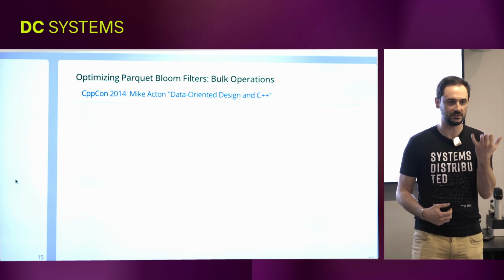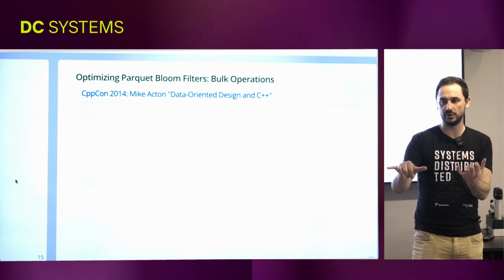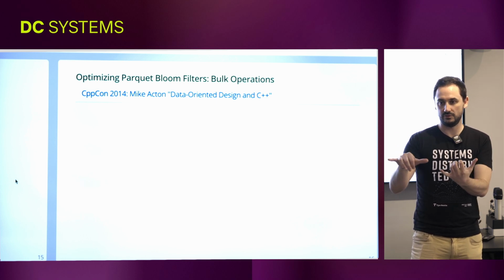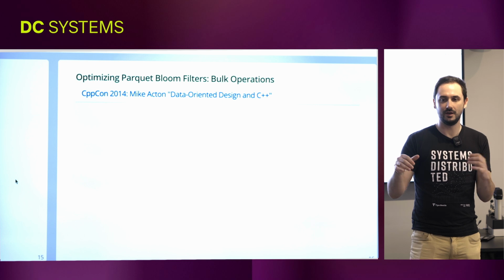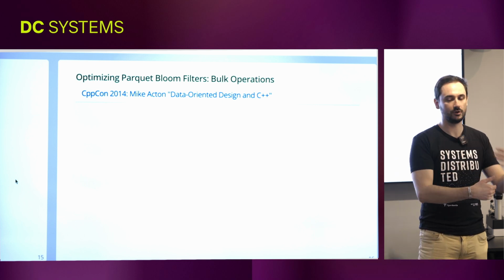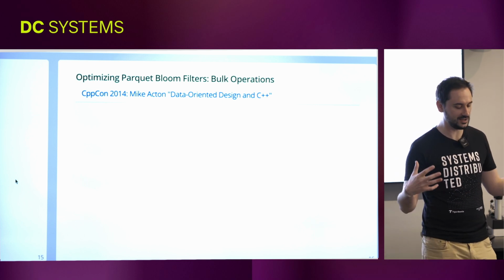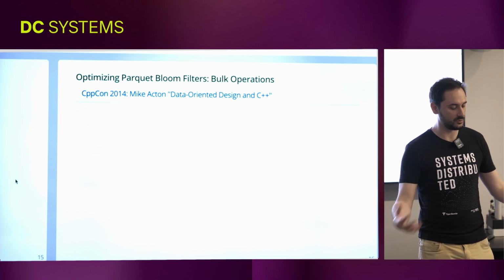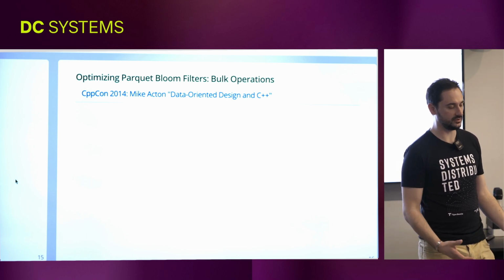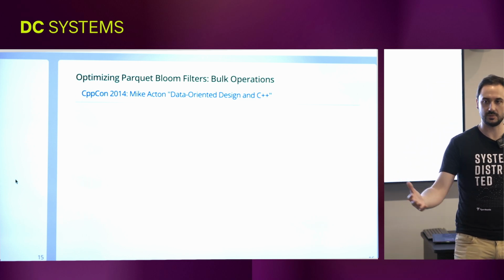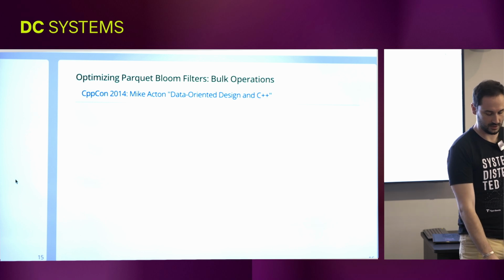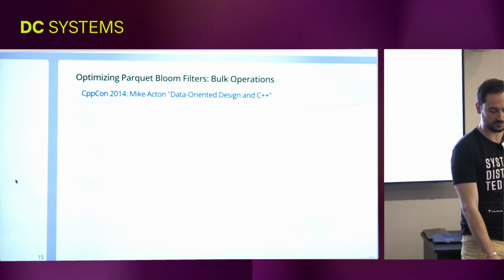Versus if it takes an array of inputs and an array of outputs, now if you put 10 items there, then you've amortized 10 times the cost of calling that method. So that's the essence of data-oriented design, and we take huge advantage of it in Parquet Go to really maximize throughput, and we'll see how we do it with bloom filters as well.